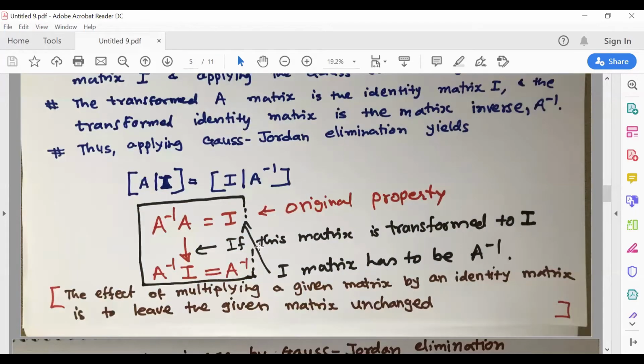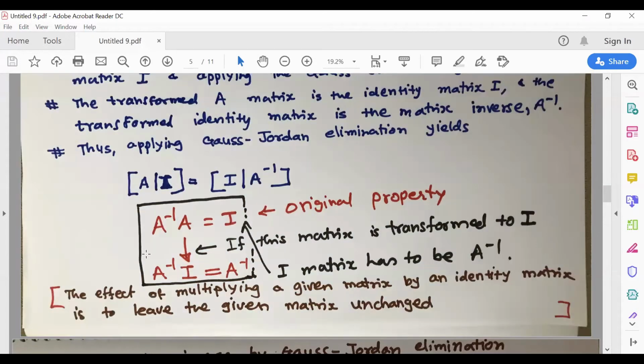So the original matrix becomes the identity, and the I becomes A inverse. And the A matrix becomes the identity matrix, like this. So these two parts you have to compare: A becomes I, and I becomes A inverse.